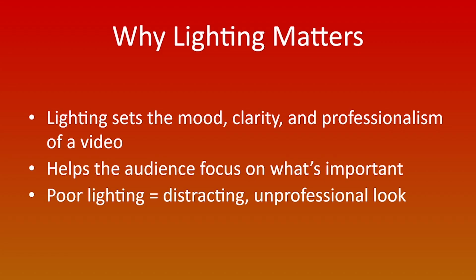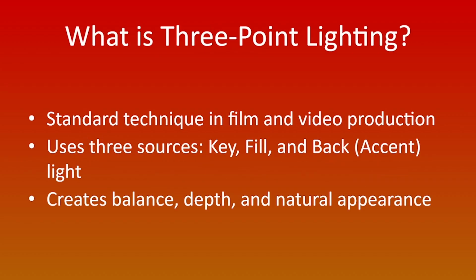Okay? Now, let's go into the 3-point lighting that we did in the first video. The 3-point light setup is one of the most widely used techniques in film and video production to date.